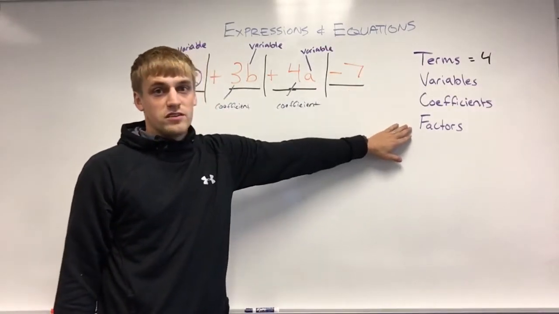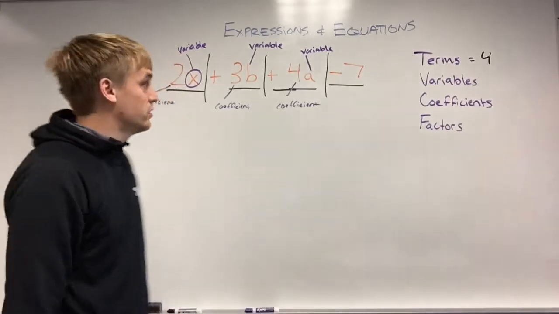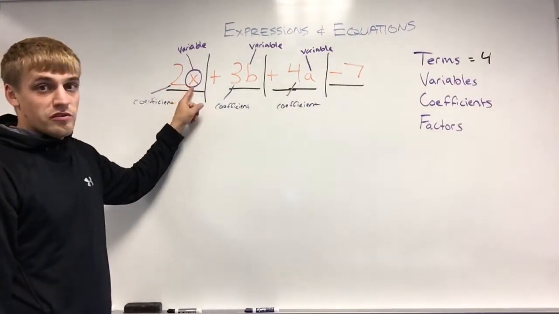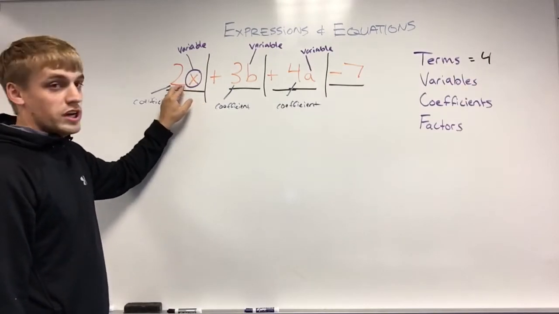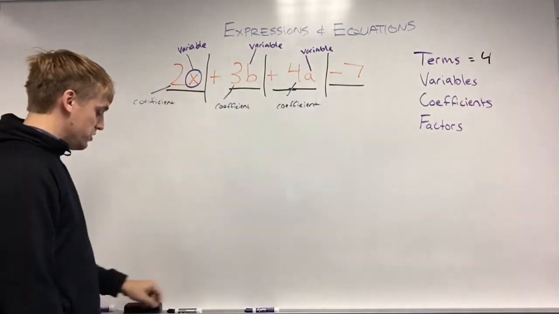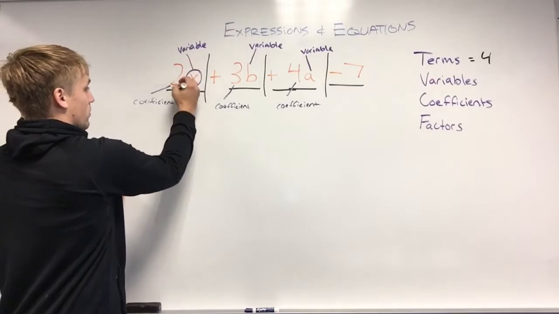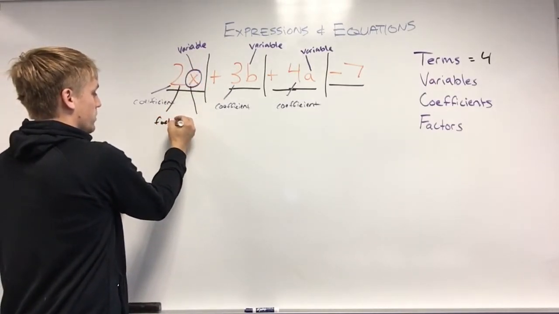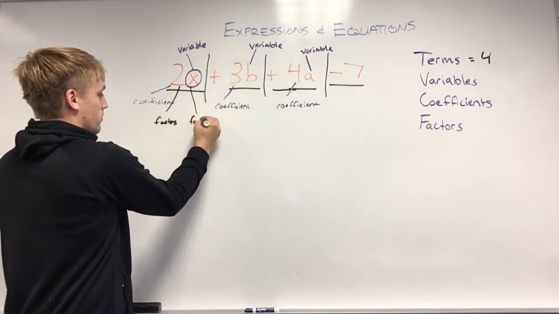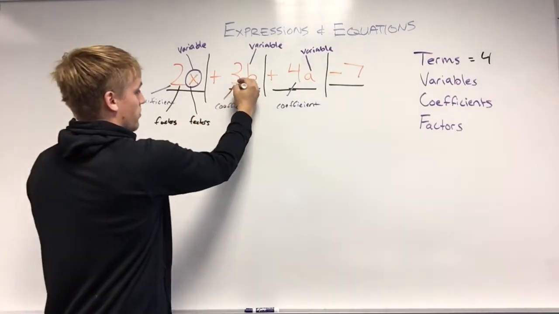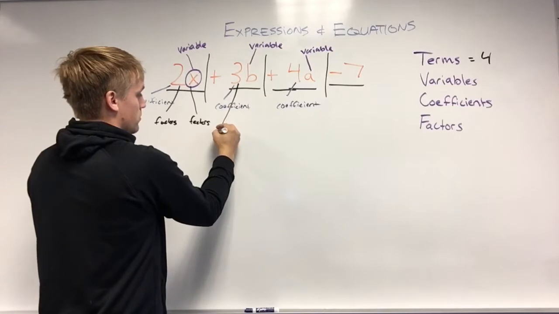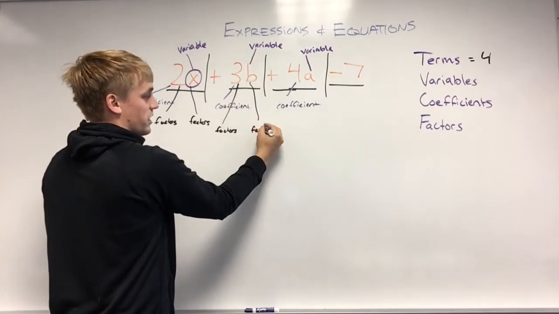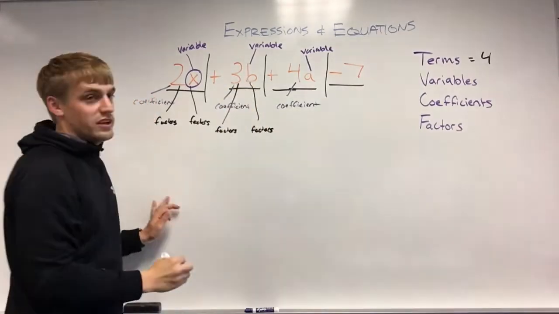The last thing is factors, things that are being multiplied together. Okay? Well, the 2, if we plugged in a number for x, we would multiply 2 times whatever number that was. So these are both factors because they're being multiplied together. These are both factors because they would be multiplied together if we plugged in a number for b.